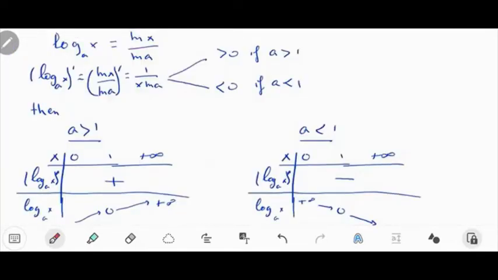Now, if you calculate the derivative of the logarithm base a, it will be equal to the derivative of ln of x over ln of a, which is 1 over x ln a. So x is positive, of course, but a can be between 0 and 1, which means that ln of a is negative, or it can be greater than 1, which means that ln of a is positive. So ln of a is positive if a is greater than 1, and negative if a is less than 1.